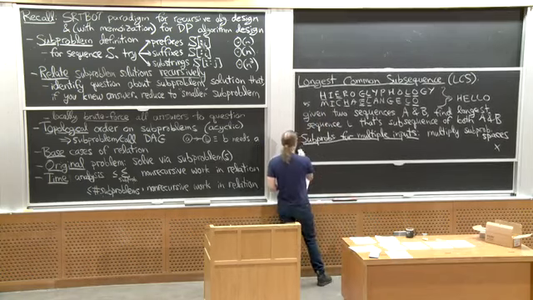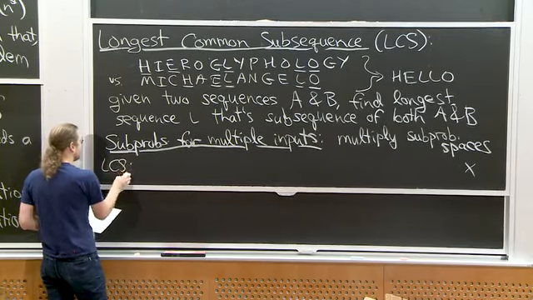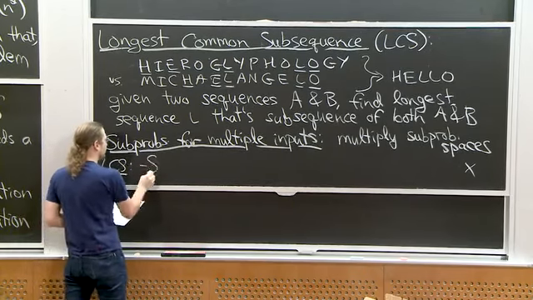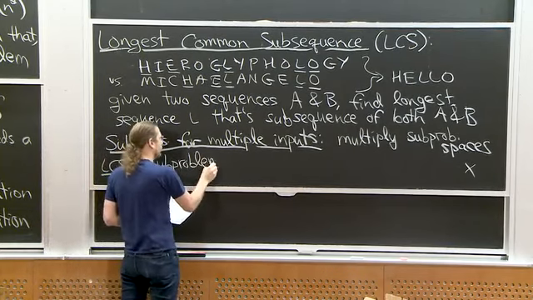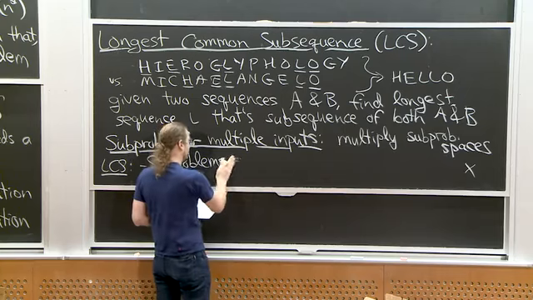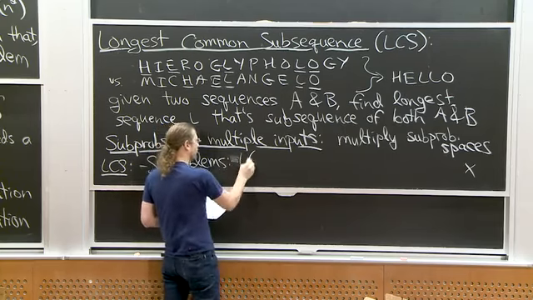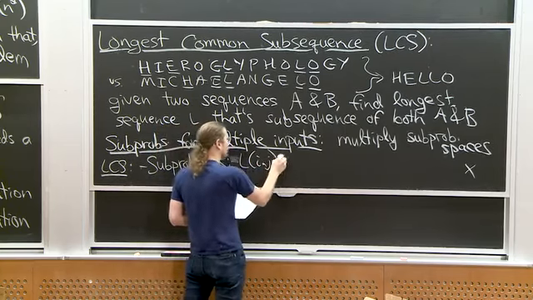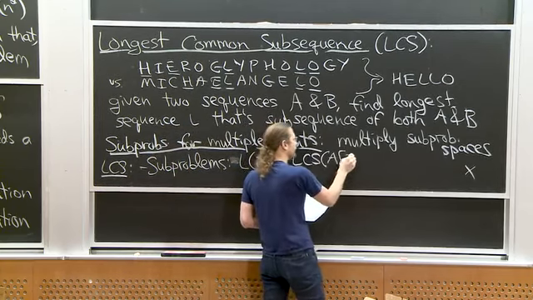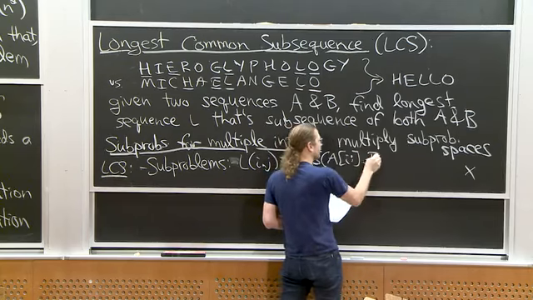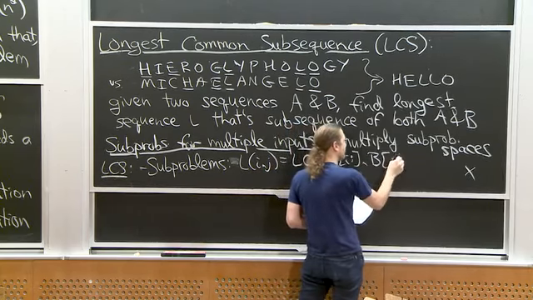For LCS, our subproblems are L of i, j. This is going to be the longest common subsequence of the suffix of A starting at i and the suffix of B starting at j.